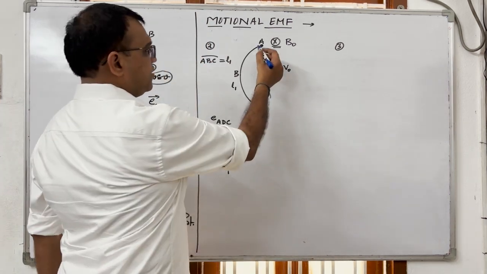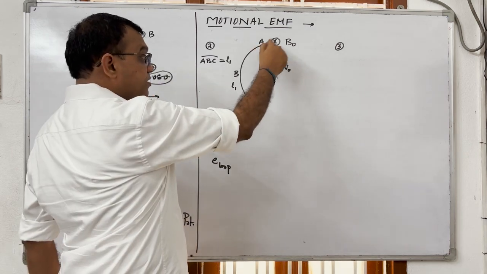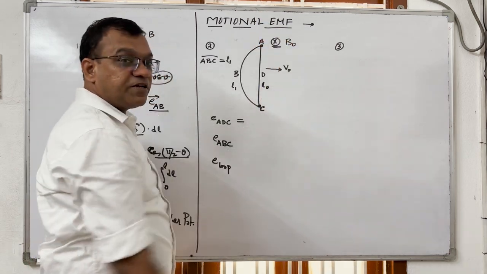Now, EMF induced is V cross B. This is placed in a uniform magnetic field.